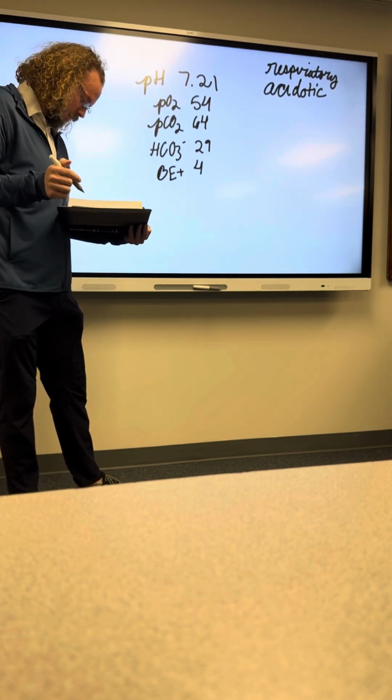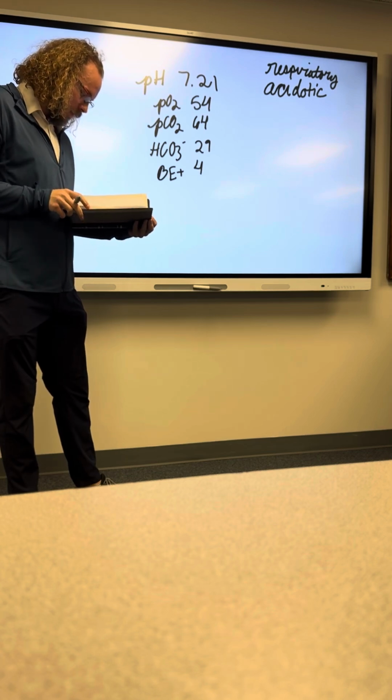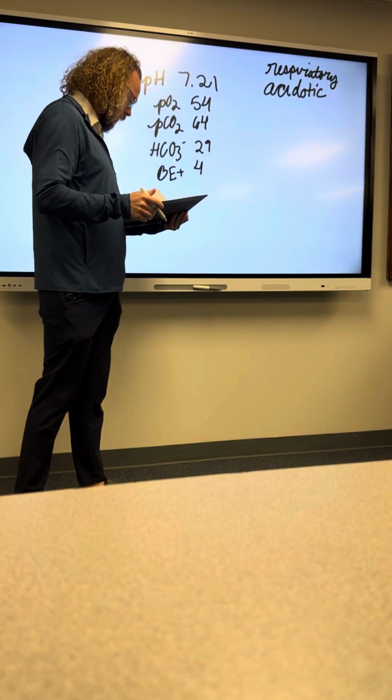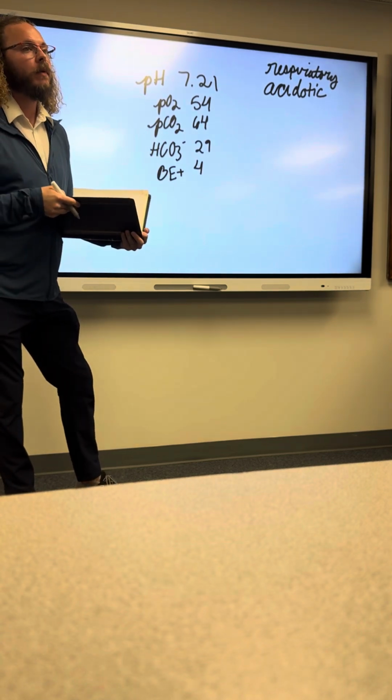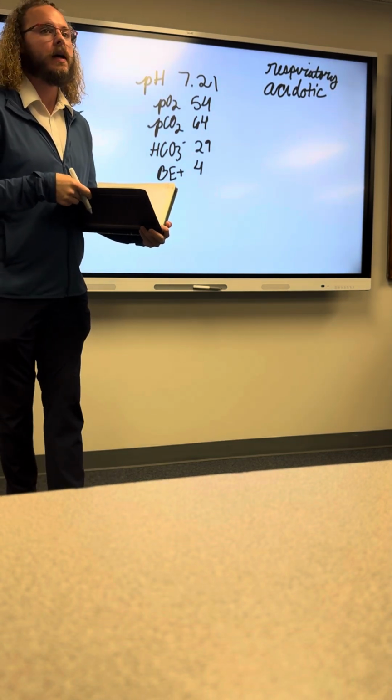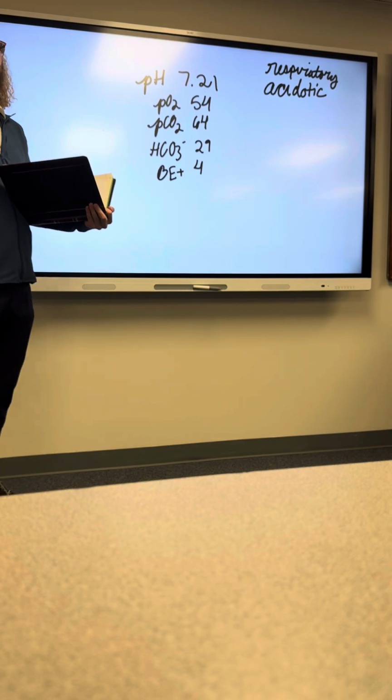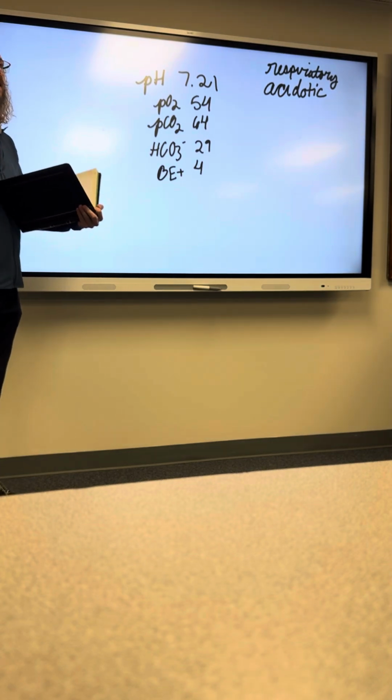So this one, they labeled as type 2 respiratory failure. The difference between type 1 and type 2 is type 2 involves your CO2 rising. Type 1 is you're just hypoxemic.